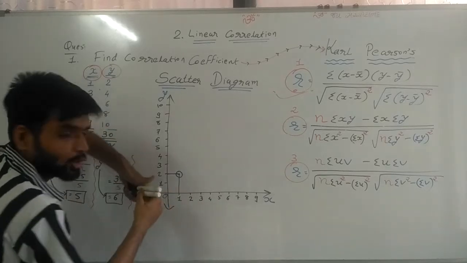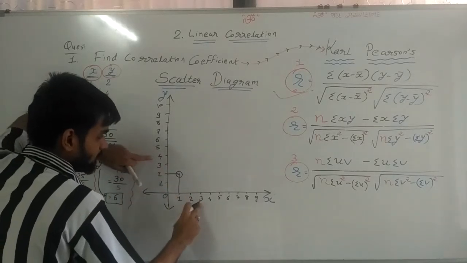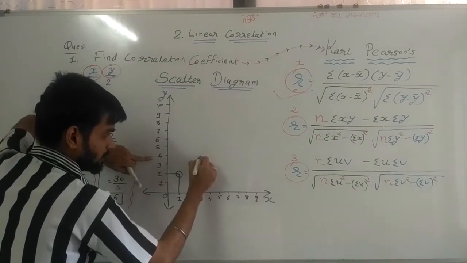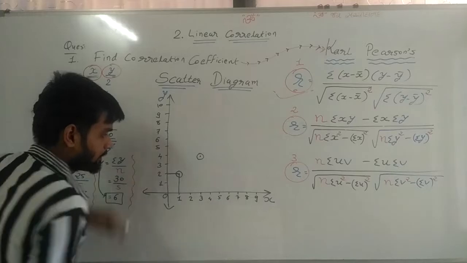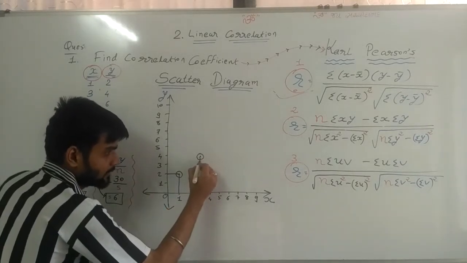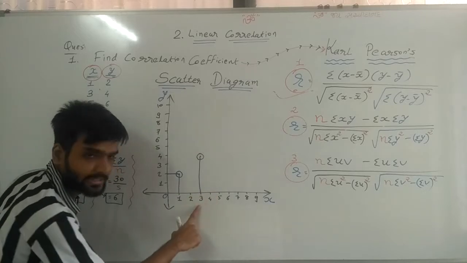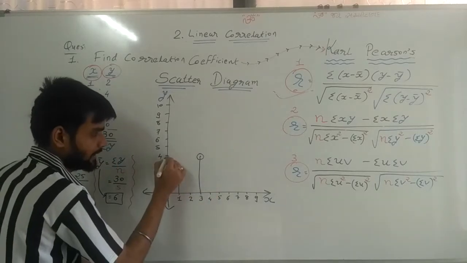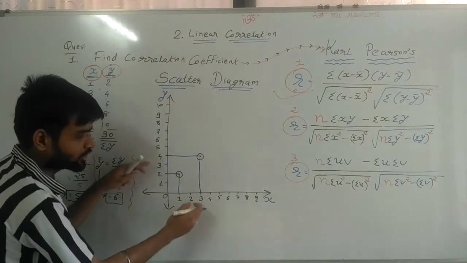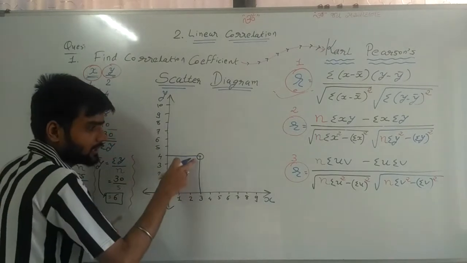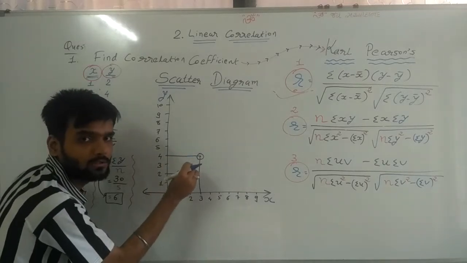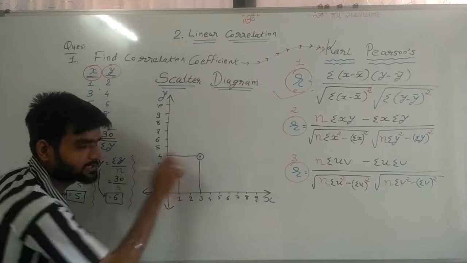So I have to plot one point here, because on the x-axis we can see 3 and on the y-axis 4, and both together are at this point. So I have to plot the point at this place. So one point is there.